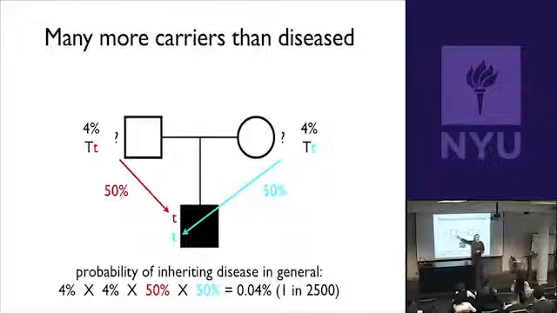Because then these probabilities are much lower than 4% for a very rare disease allele, okay? And so usually the way it works is whoever is affected actually has parents who are related to one another and inherited the bad allele from the same person in a higher generation in their family, okay?